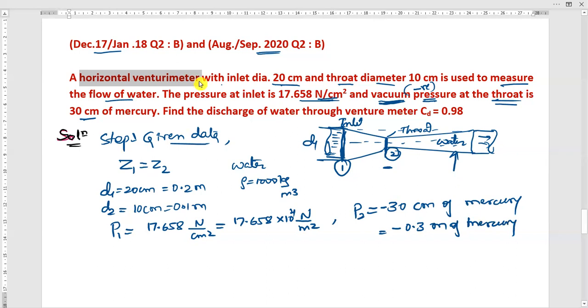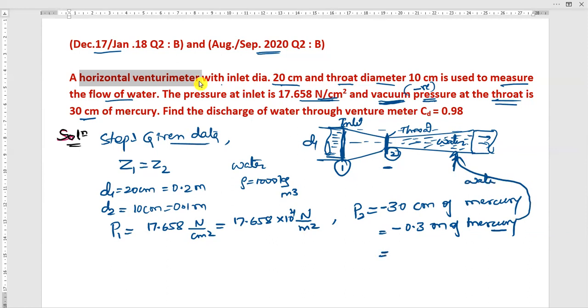One point you need to remember here: inside the venturimeter, water is flowing. Water is the working fluid, but the pressure at the throat is measured in terms of mercury. So this mercury column pressure you need to convert into a water column.